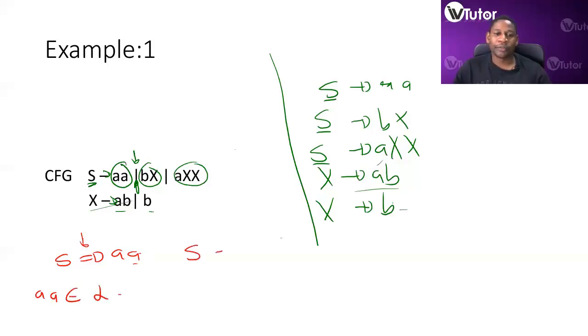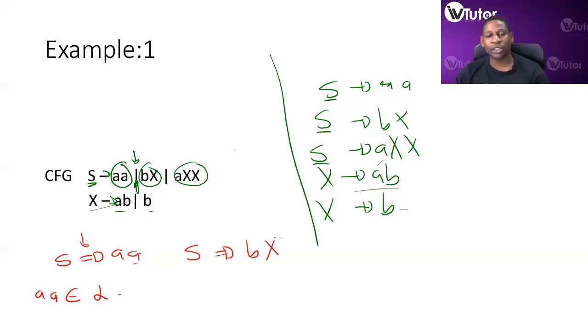We can choose to start from S goes to BX. This is not a word in the language because words in the language consist only of terminals. So if you still have a non-terminal as part of your derivation, then you have not reached a word in the language.